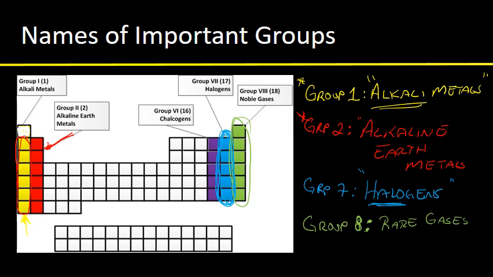As people began working on them more, they found they're actually not all that rare. In fact, argon, this one right here, the third one down, is actually 1% of the atmosphere. So they decided rare gases is not a good word for them, and they changed the name to the inert gases. And then in the 1960s, a chemist started working with group 8 compounds and reacting them with other very, very reactive compounds.